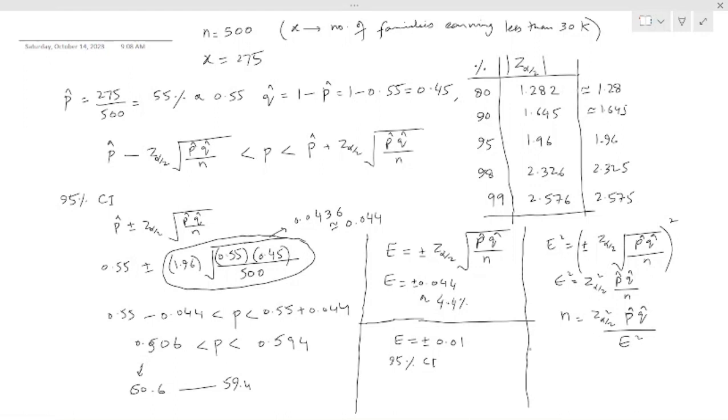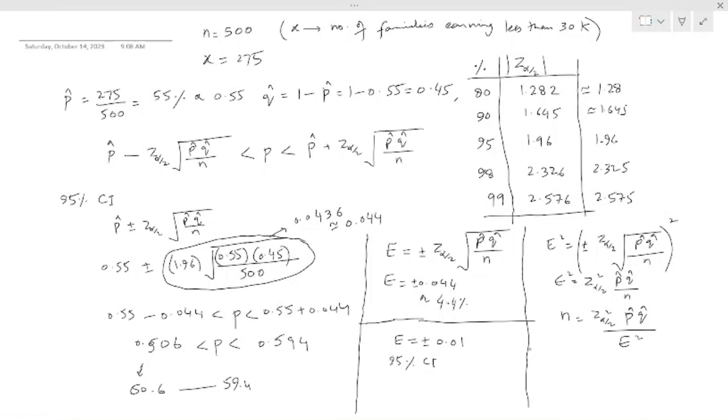There are three different scenarios. Either we use the same percentage that we determined on the basis of the previous sample, that is the sample size of 500, where we determined that 55% or 0.55 was the proportion. So if we are not given any new information in the question, we can take the same value of 0.55 as the basis to determine the new sample size for the margin of error reduced to 0.01.